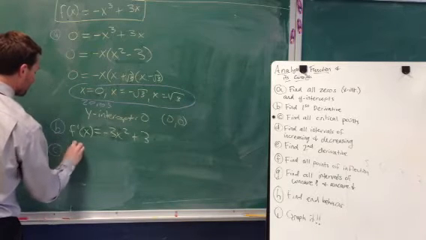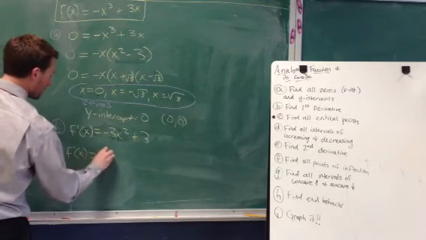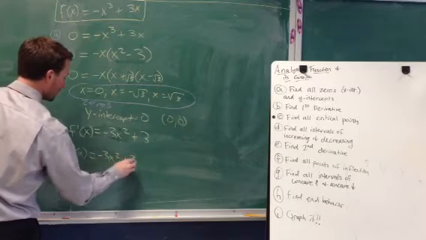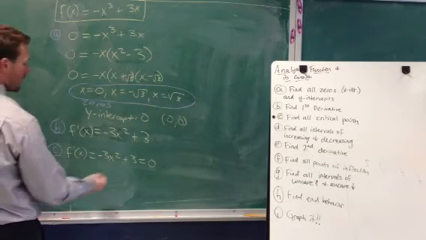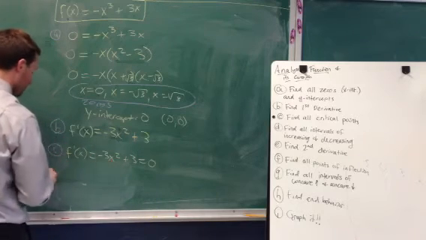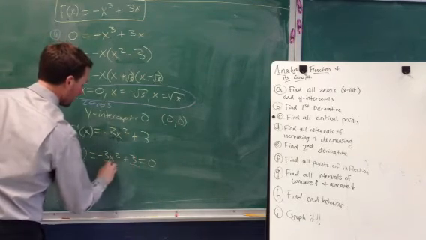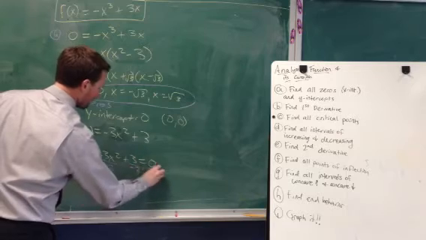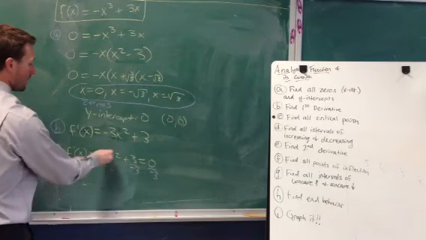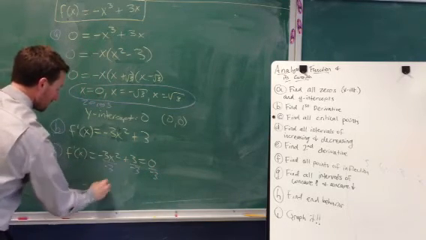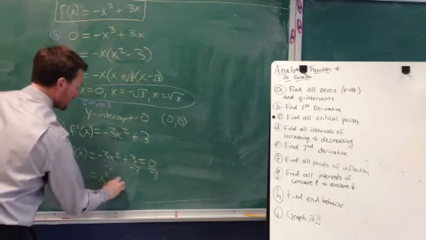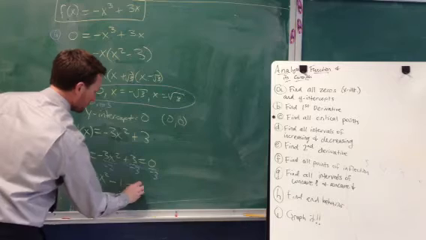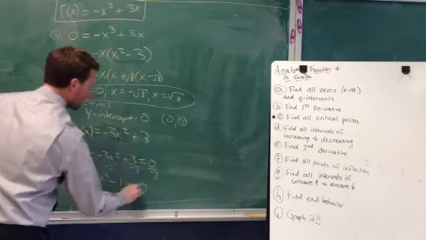We're going to set this equal to 0. That's how we're going to find our critical points. And the nice thing we could do to make life easier is divide by negative 3. Negative 3 divided by negative 3 is 1 times x squared, plus 3 divided by negative 3 is negative 1. 0 divided by negative 3 is just 0.